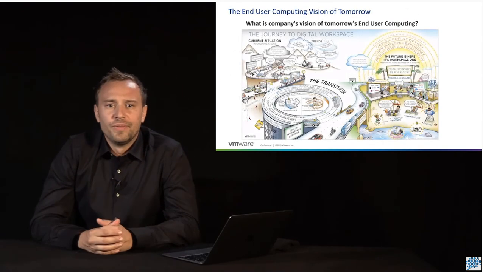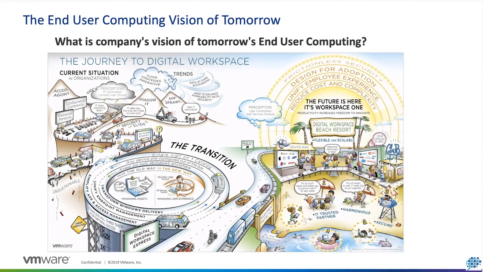No matter what advice we give to customers going the end user computing VDI road, we need to make sure that there's a clear vision about where we are heading to. We need to make an analysis, an assessment of the current situation, but we also need to give a proper advice to the management, to the stakeholders, on what the goal is of our environment. Do we want to have an identity-based access to all kinds of applications that are relevant for the end user?